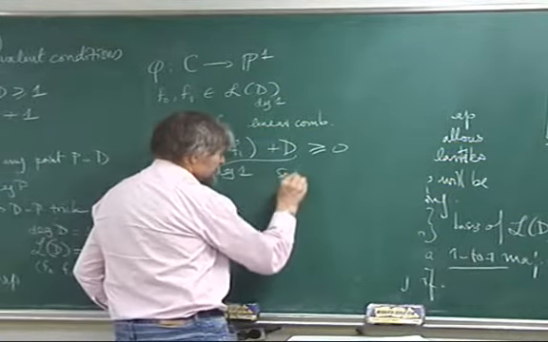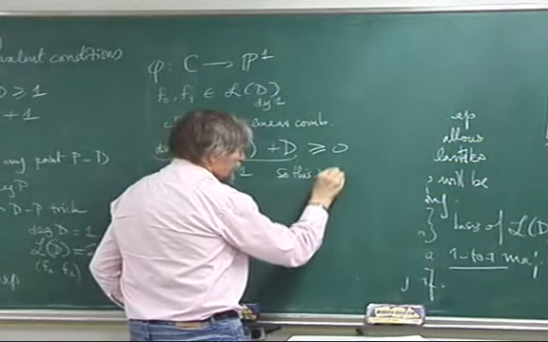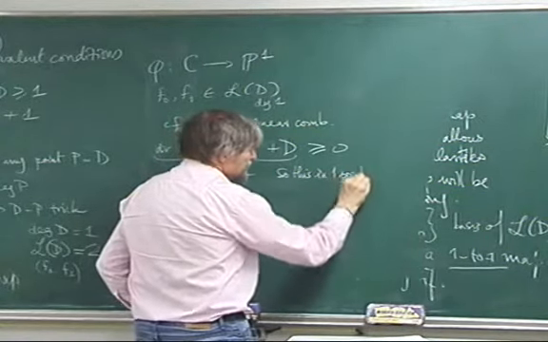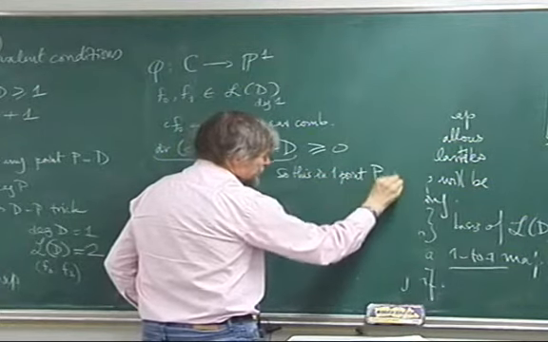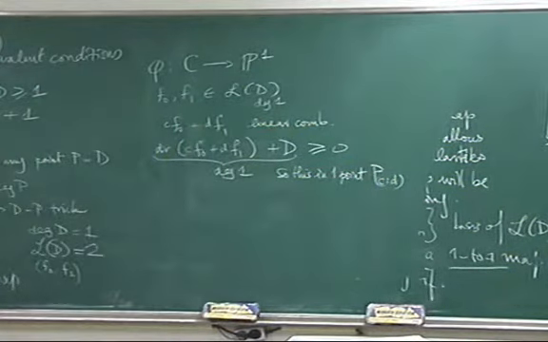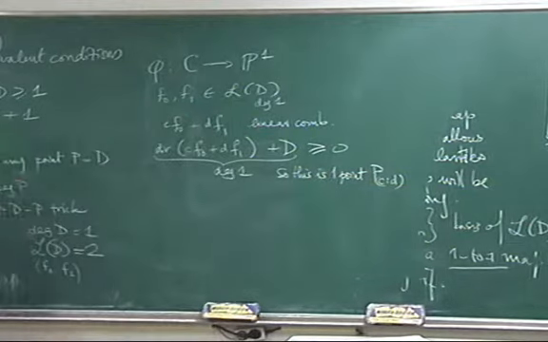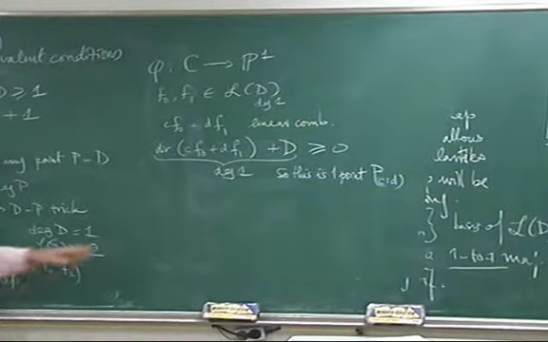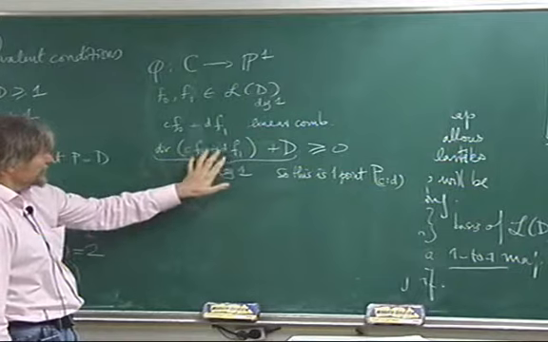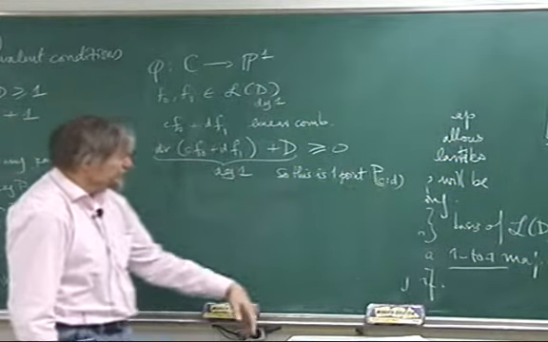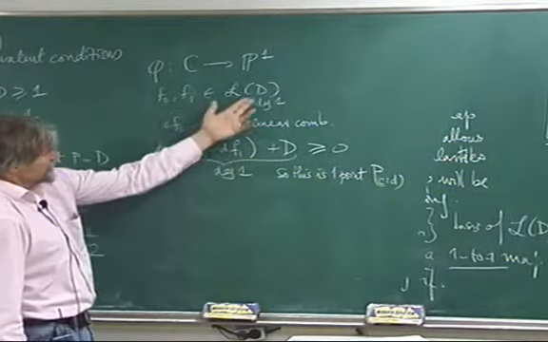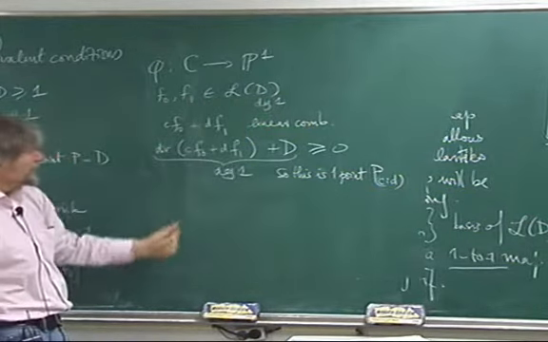So this is one point P, depending on the ratio C to D. And if I took a different linear combination, it can't be the same point, because otherwise all of these sections would belong to a smaller space.